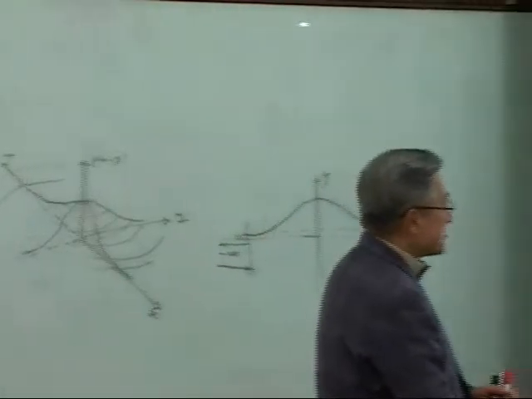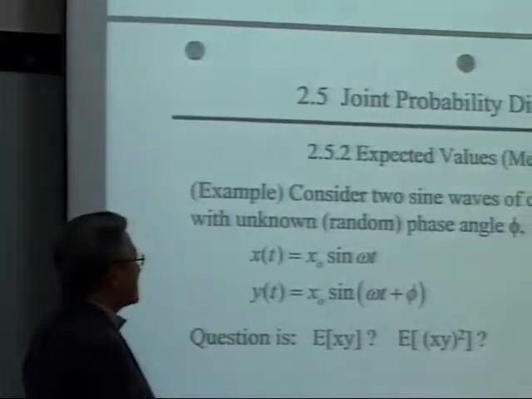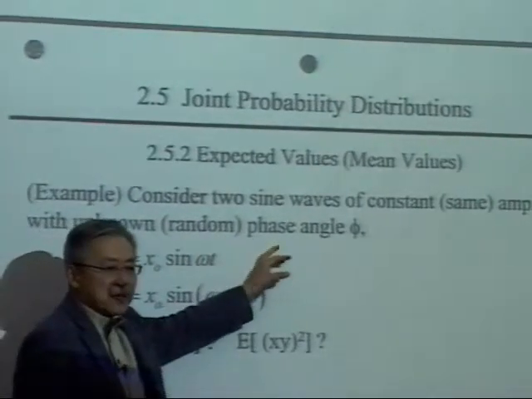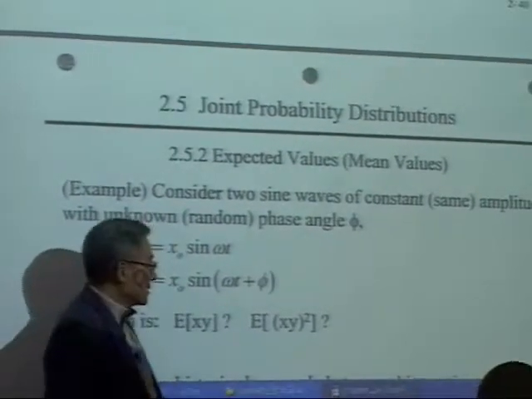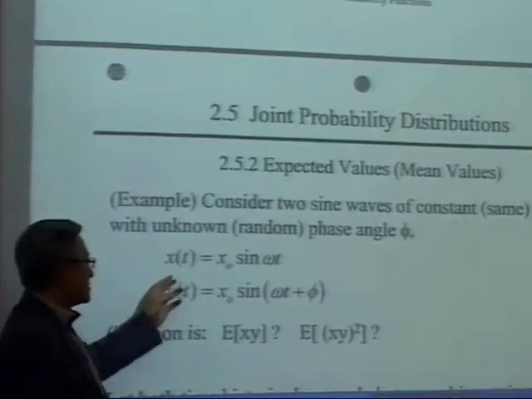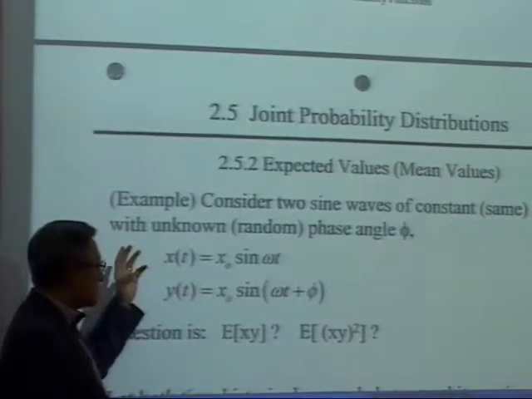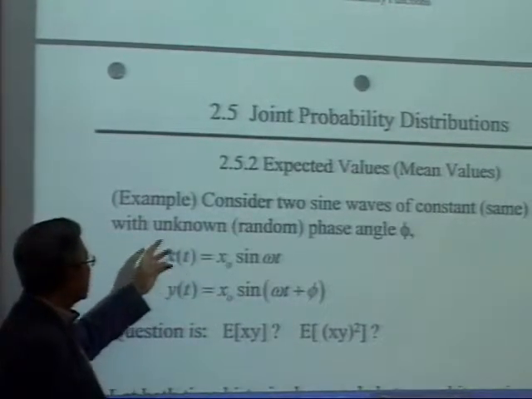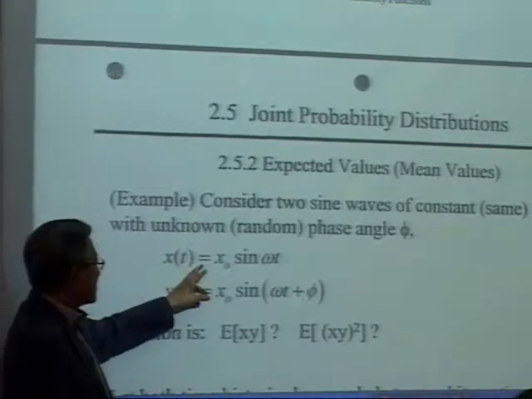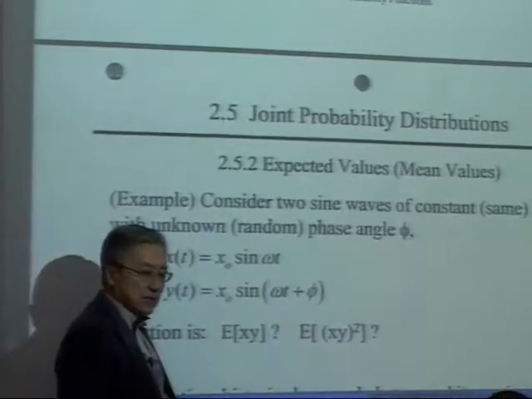So here, consider two sine waves of constant amplitude with unknown means and random phase angle phi. I can write the two functions here, simply sine functions. Phase angle is random, I said. Constant. So x is equal to x naught sine omega t.